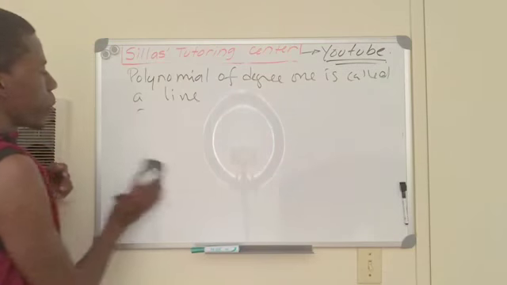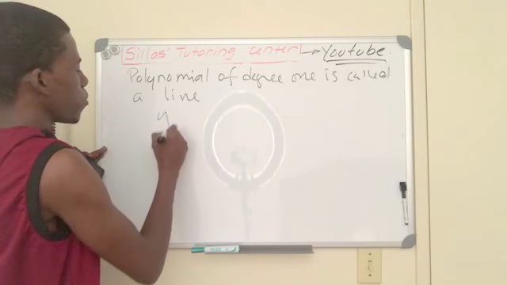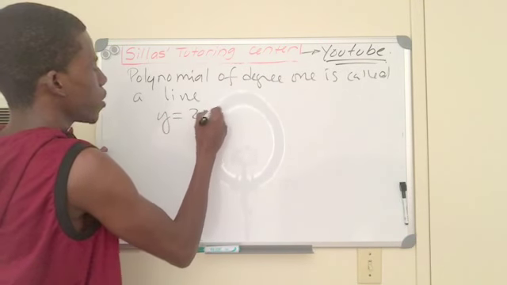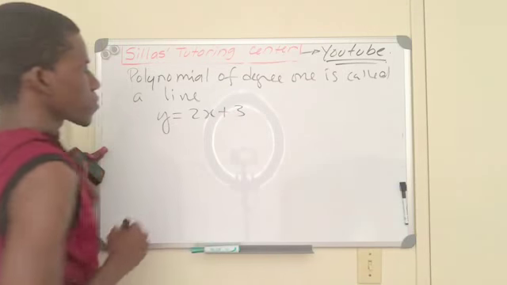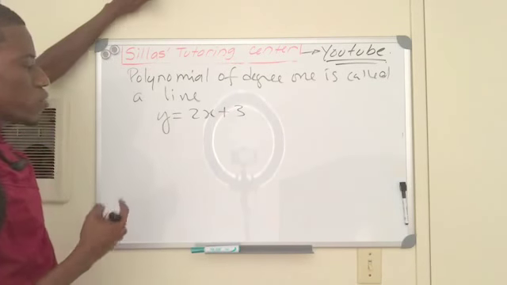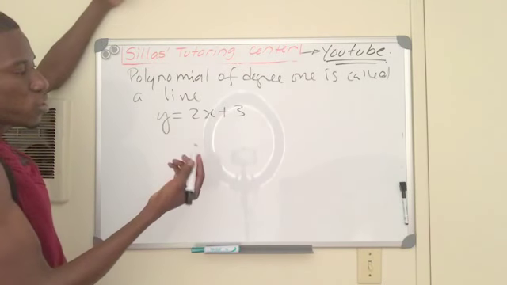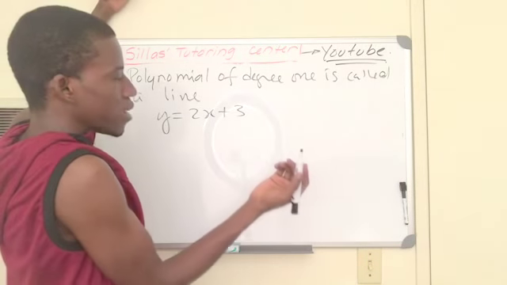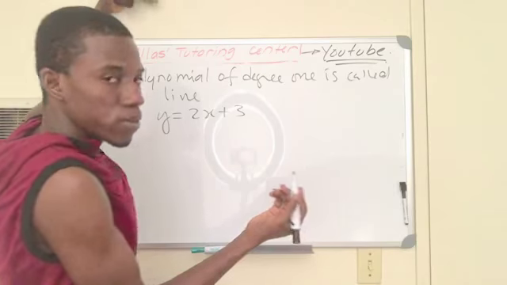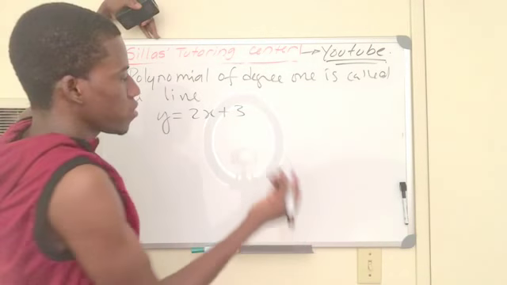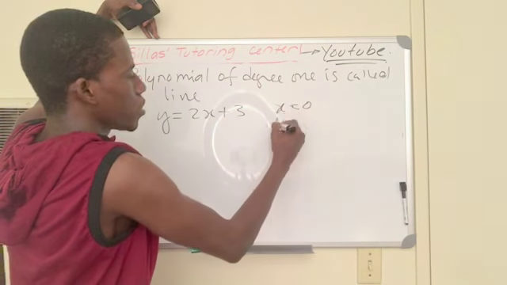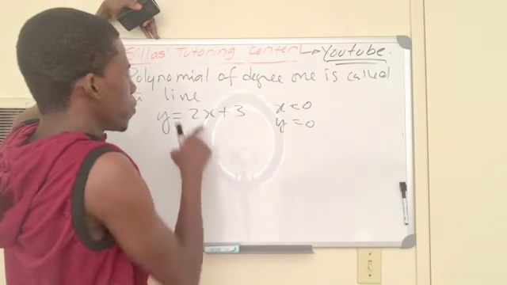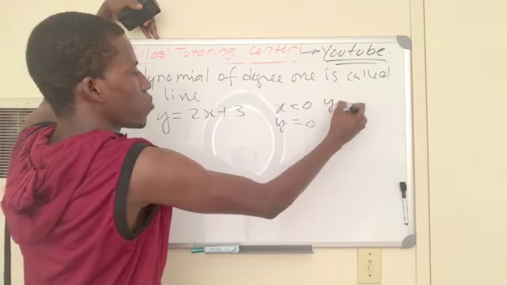Let's say for example we have y equal to 2x plus 3, and they ask you what is the behavior of this line. You don't know it because you didn't do it yet. So this is a line. The easiest way to figure out the behavior is to let x equal to 0 and y equal to 0. When x equals 0, y equals 3.